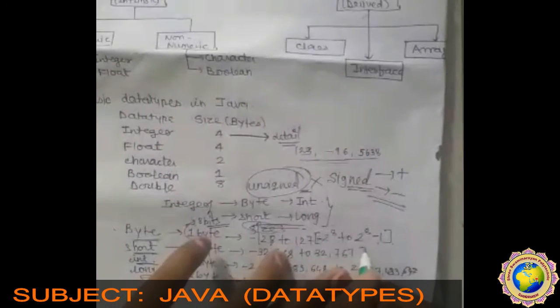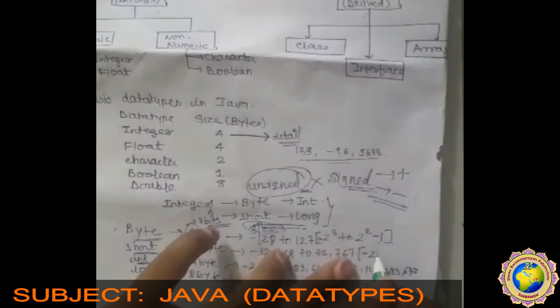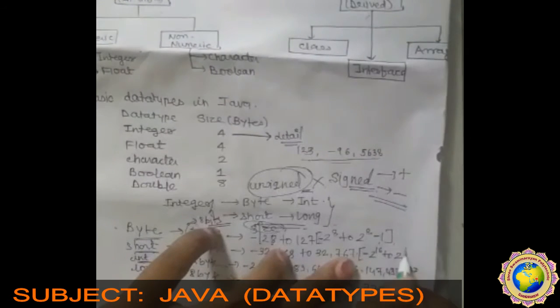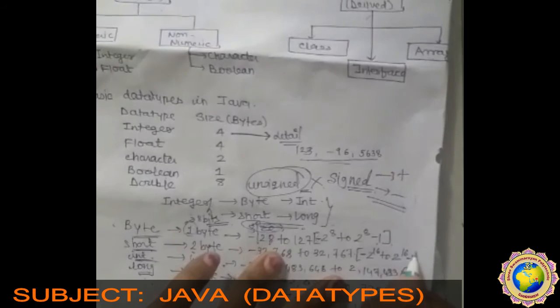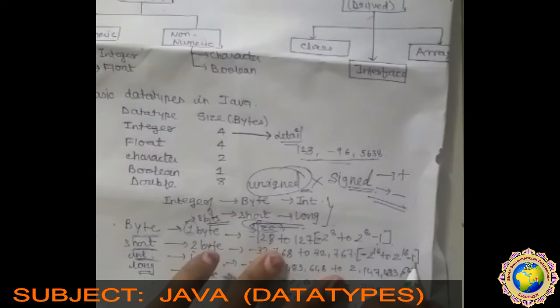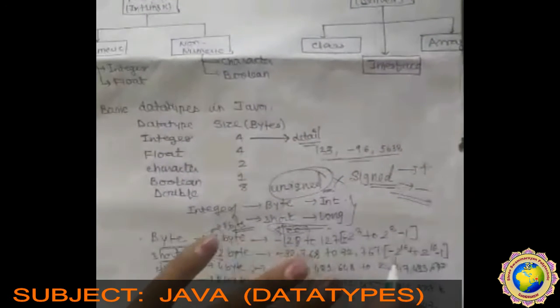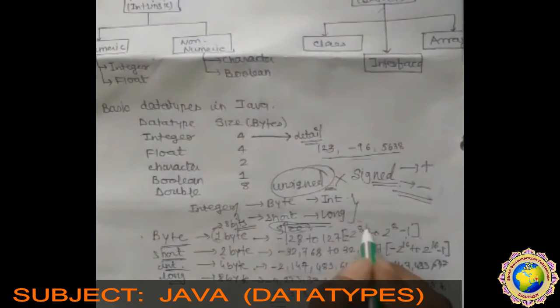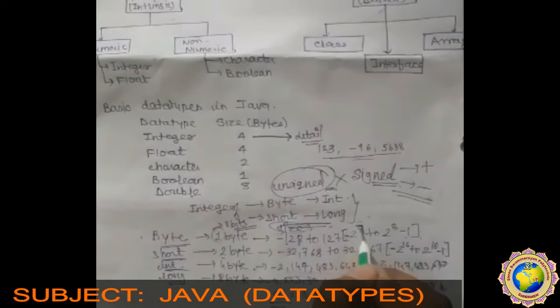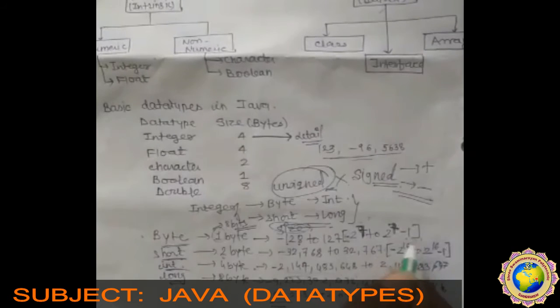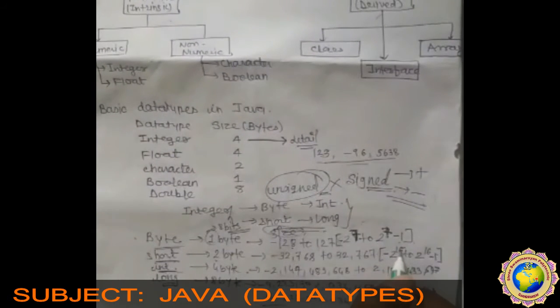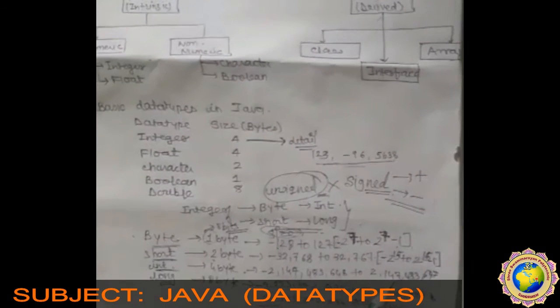So the size of short is minus 2 raised to 15 to 2 raised to 15 minus 1. That's it.